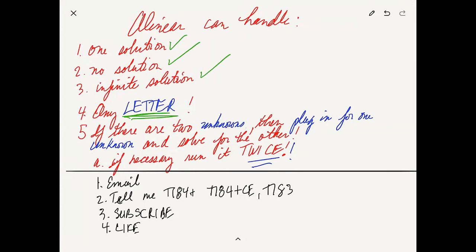And if there are 2 unknowns, what you should do is plug in for one and solve for the other. And if necessary, you have to run it twice. Now, I haven't seen a lot with 2 unknowns, but as you just saw, there are some questions that have that. So you should be prepared to handle that.